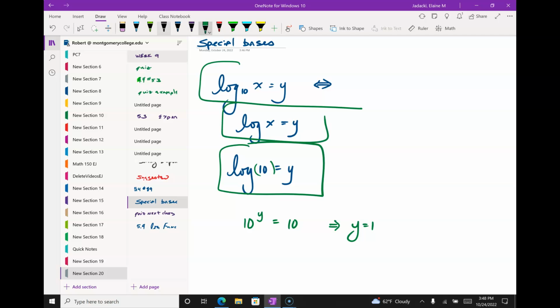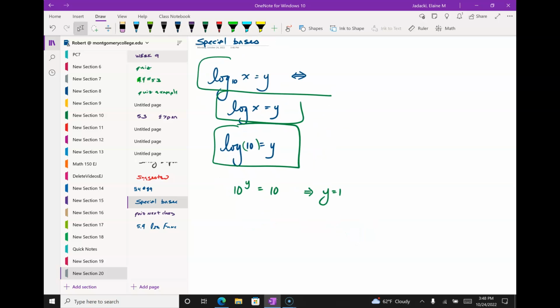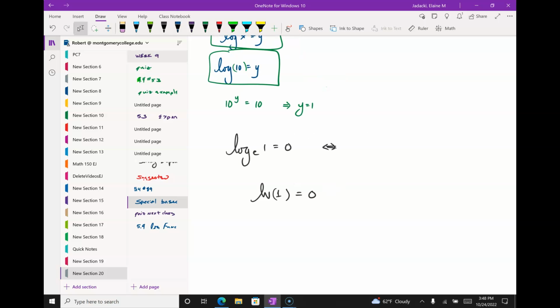The next special base is base e, from, again, Leonard Euler. If I say to you log base e of 1 equals 0, that should really just be read as ln of 1 is 0. So the natural log is log base e. ln is natural log.